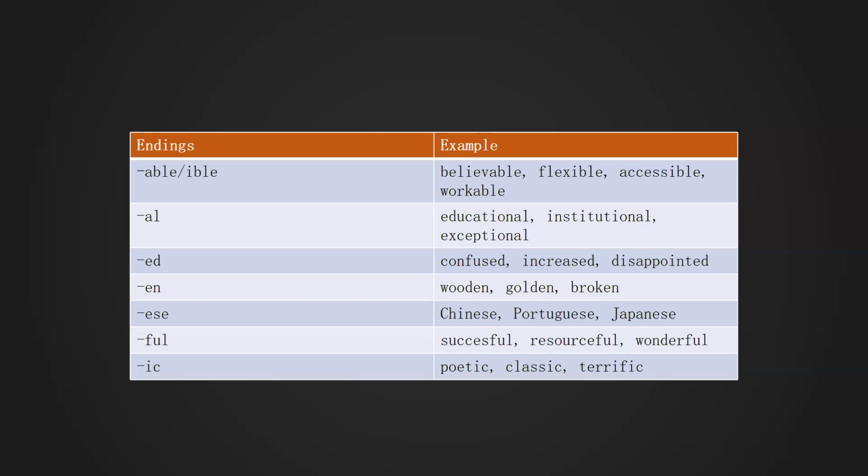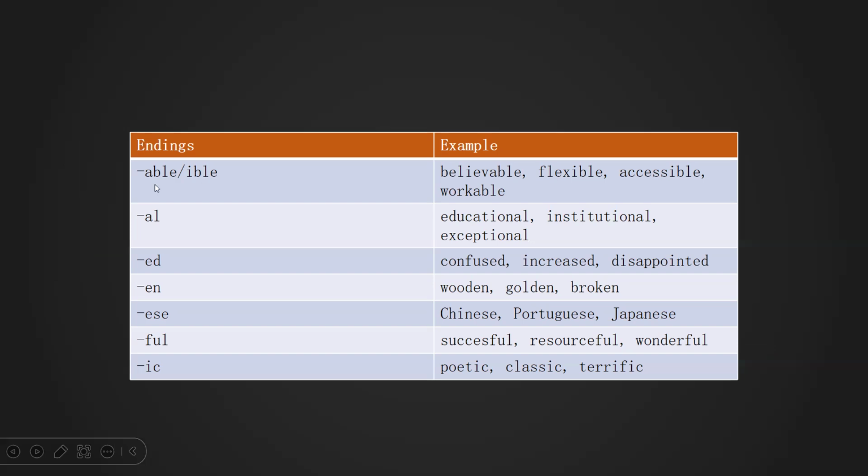Well, I'm going to give you the endings so that it's easier for you to identify when a word is an adjective and you know how to use it in the sentence correctly. Remember, what did I say? Okay, awesome. The adjectives describe the nouns or the pronouns, and they go before them in the sentence.